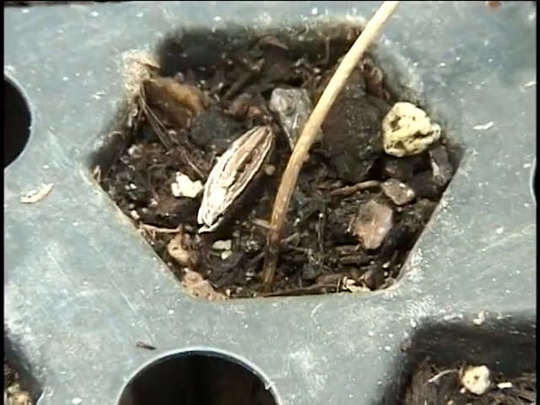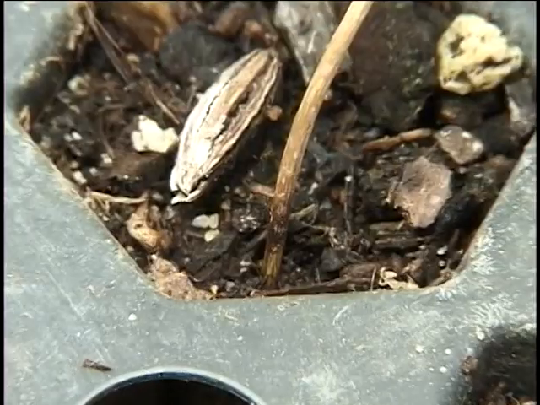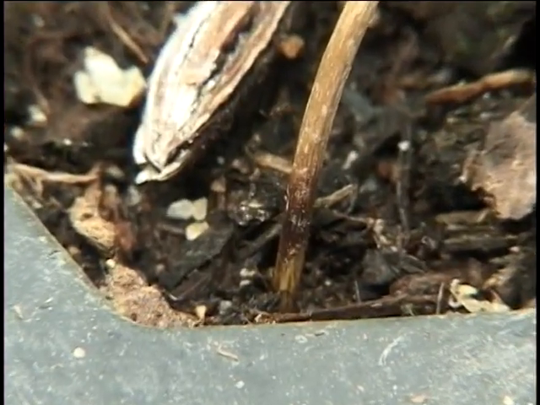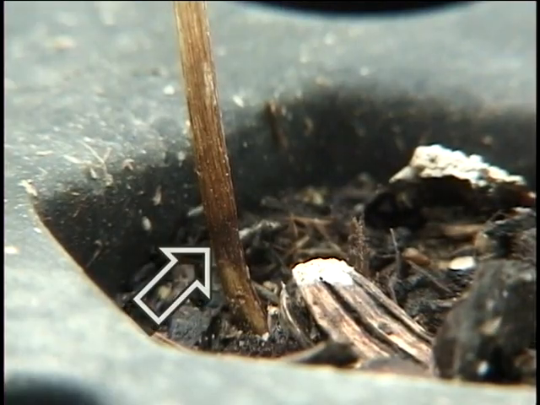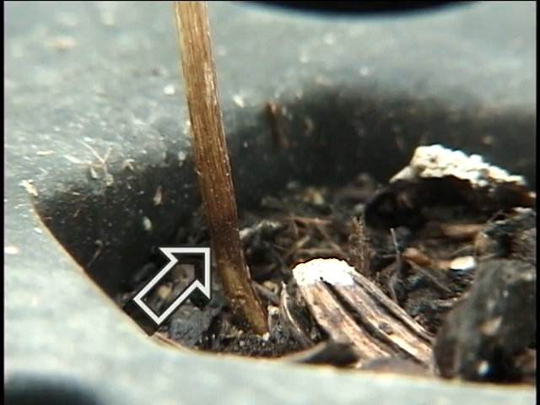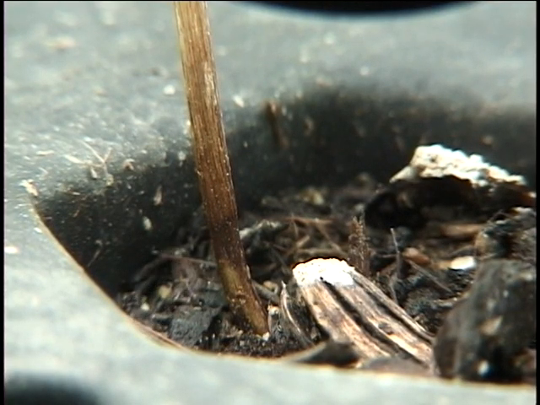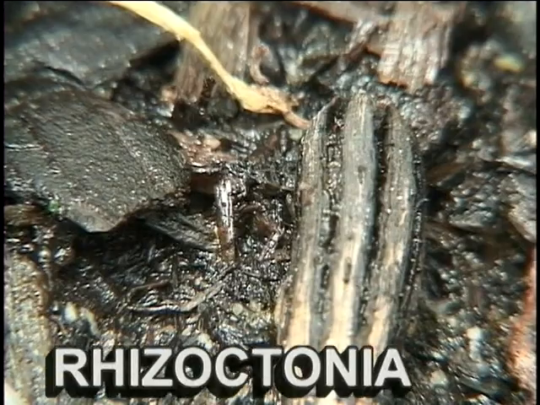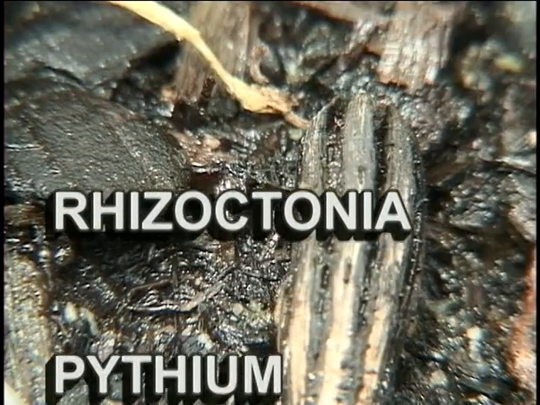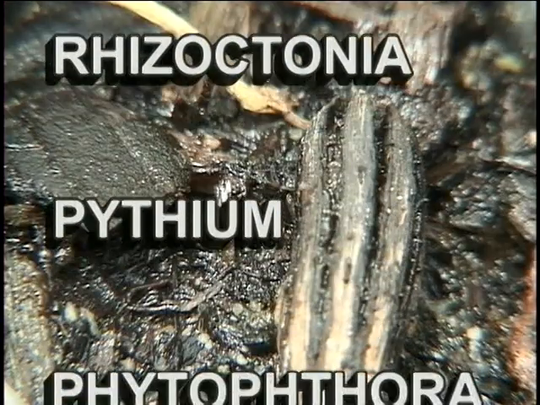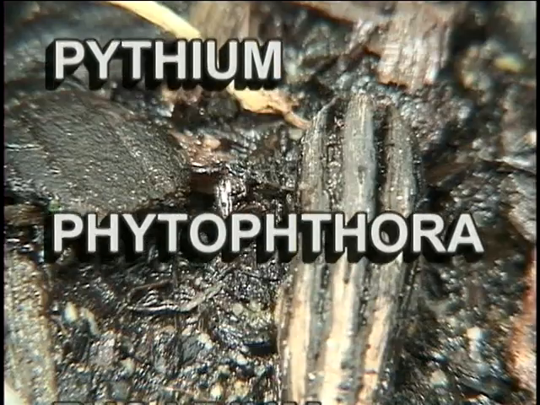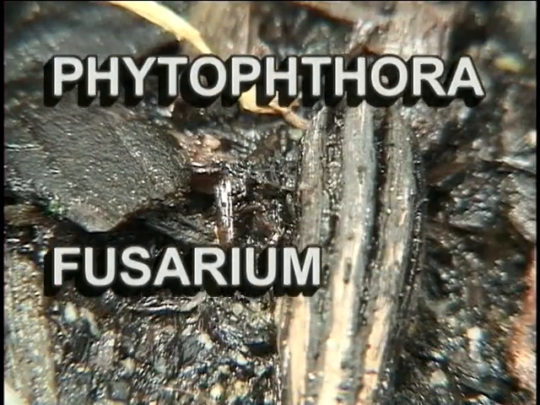On close examination, we find a dark ring around the damaged stem. There are many soil-borne fungi which can cause damping off. Some of the more common types include Rhizoctonia, Pythium, Phytophthora, and Fusarium.